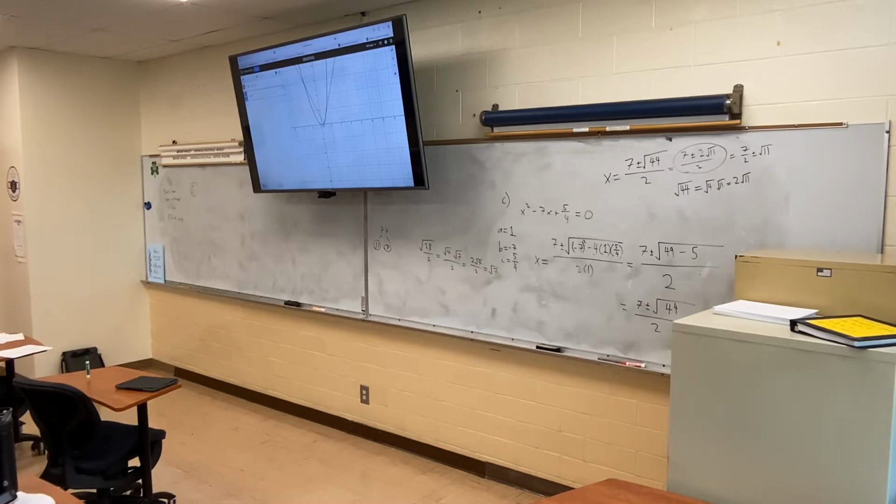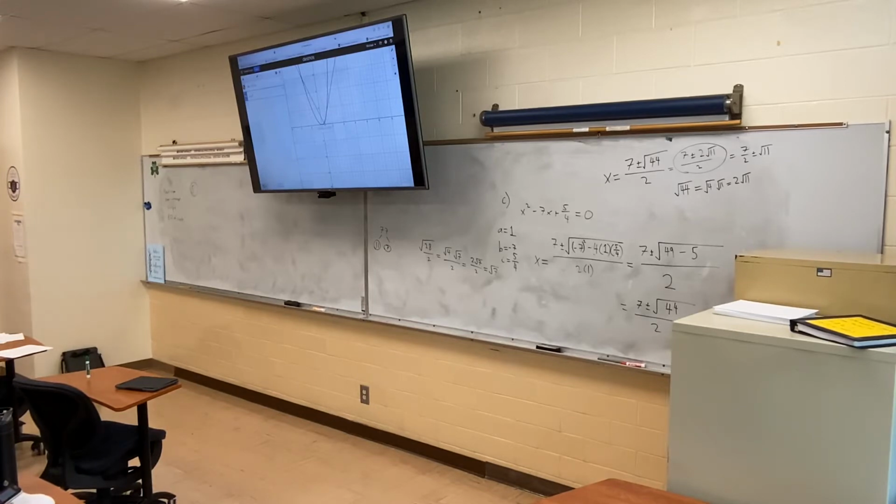Negative 2.41 was the first one. This one was 0.41. This third one is x equals 1. Negative 2.41 up here. That's how to find intersections with our graphing calculators. Okay. So are you guys okay if I move on to the next one?